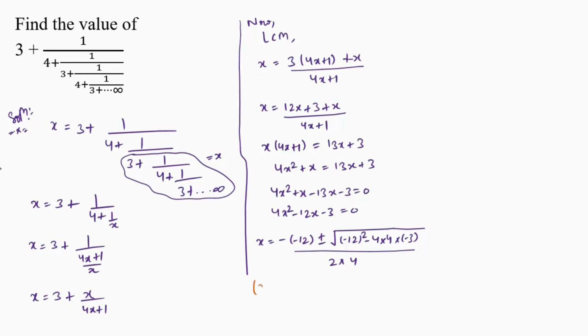As we know, x equals minus b plus minus under root b square minus 4ac divided by 2a for any quadratic equation, that is ax square plus bx plus c equals 0.